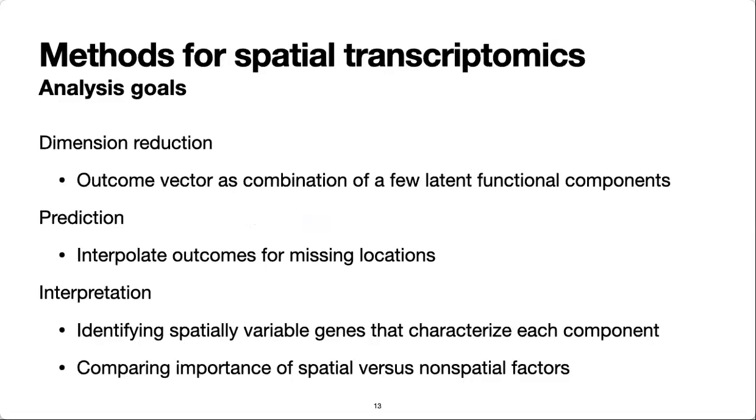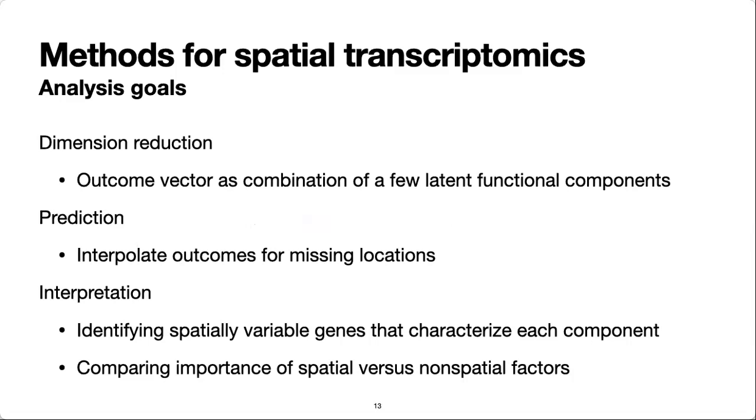Having given a broad overview of the data itself, I'd like to get into our approach to analyzing this data. We have several goals. Dimension reduction is very important because, like I said, the outcome is a high-dimensional count vector. We believe that genes interact with each other and are correlated, so it's reasonable to assume that many genes may have a similar spatial pattern across all the observations.